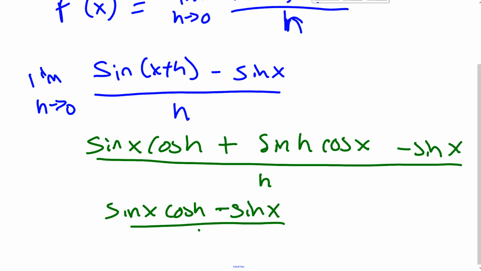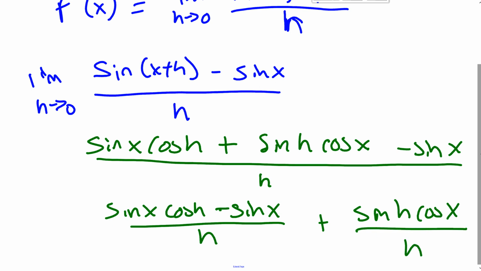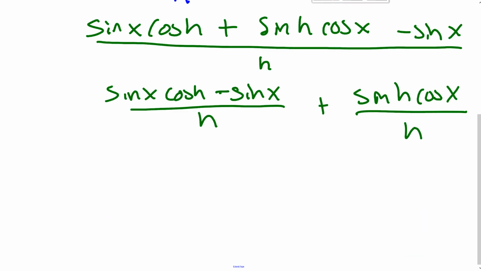That's 1 fraction, plus sine h cosine x all over h. We just separate, instead of 1 fraction, into 2. Then we factor out that sine x, and I get left with cosine h minus 1.